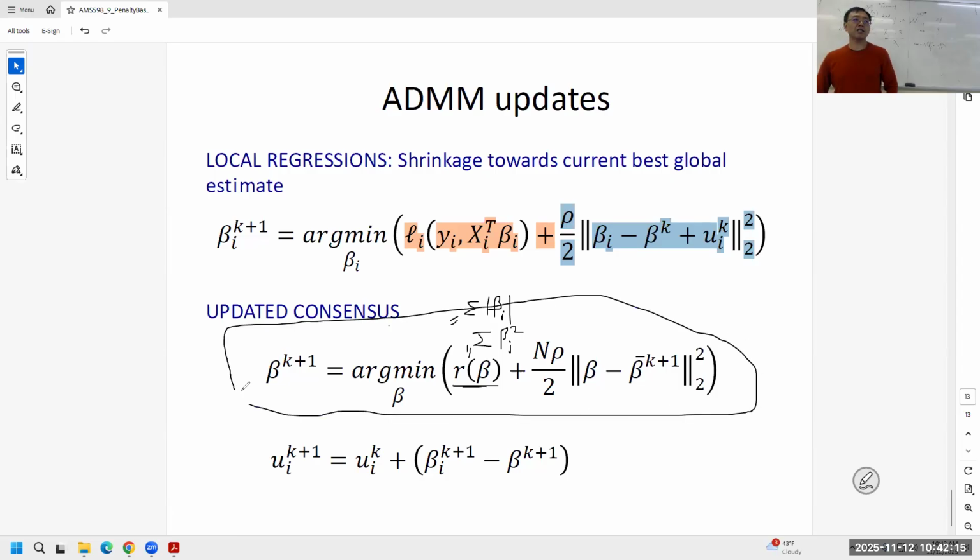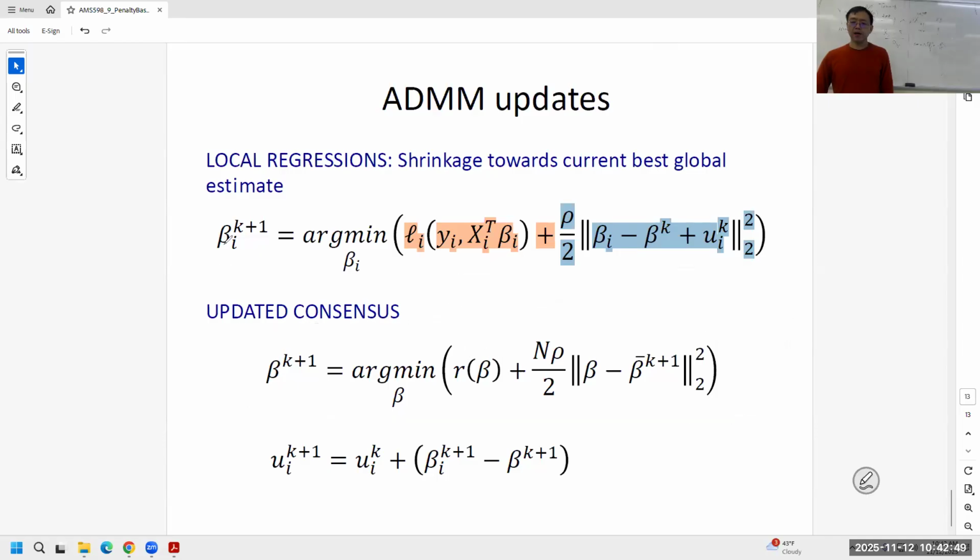This is a small problem, you just have n beta_j's and you try to minimize this problem, which is small compared to the computation in here. This is nothing. So in ADMM, if you want to do penalized regression, the computing time doesn't increase a lot. This is for penalized logistic regression and also for the penalized regression problem.